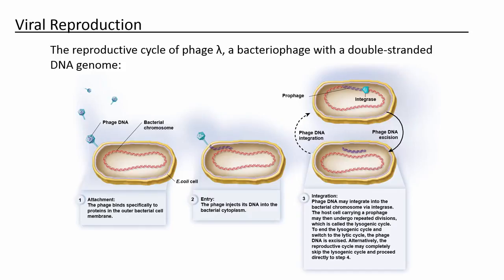So it cuts the host cell DNA, and then it's going to insert the viral DNA into the chromosome of the cell. For phage lambda, this step is rather simple. It's going to involve integrase, and the double-stranded DNA molecule can be directly integrated into the DNA of the chromosome.